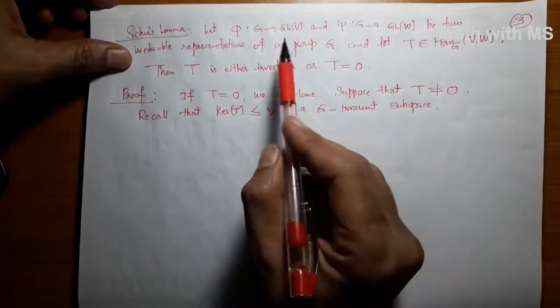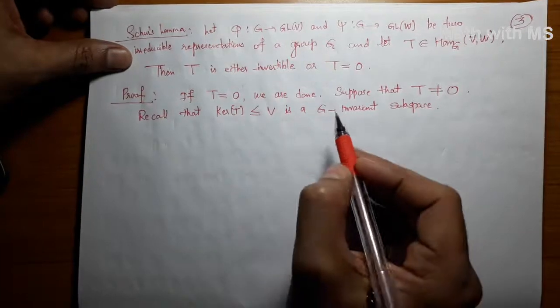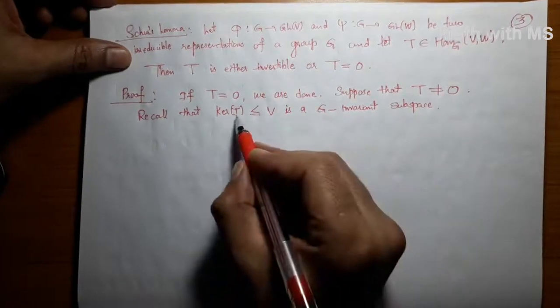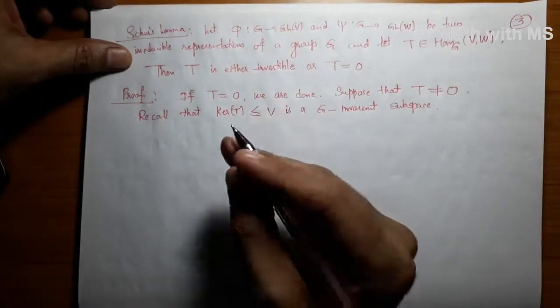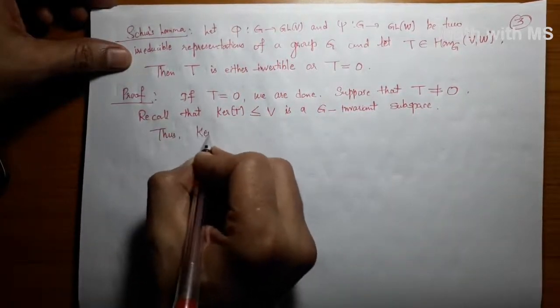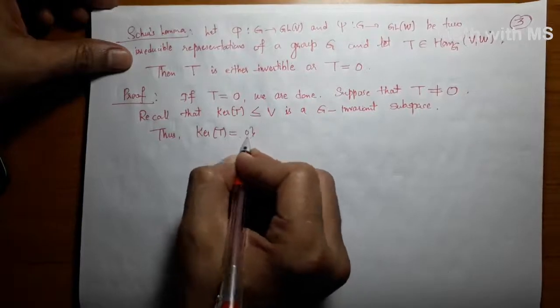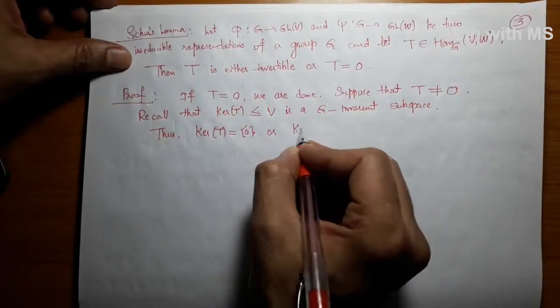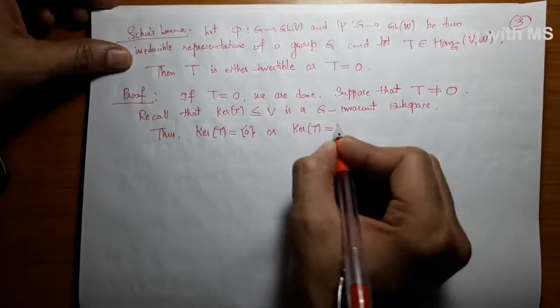The representation phi is given to be irreducible. Therefore, the kernel of T has to be either the trivial subspace or the full space. So the kernel of T has to be either 0 or the full space V.